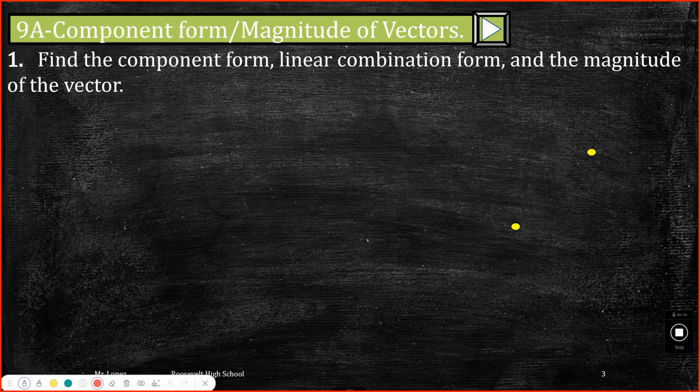The direction matters because if this is the initial, then it's going that way and that would be the terminal. But if we go this way, then the other one is the initial and this is the terminal. So the direction matters. Let's say it's going up north.